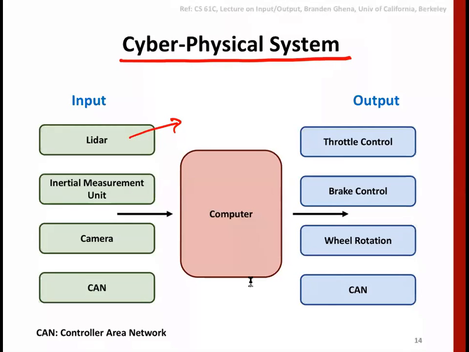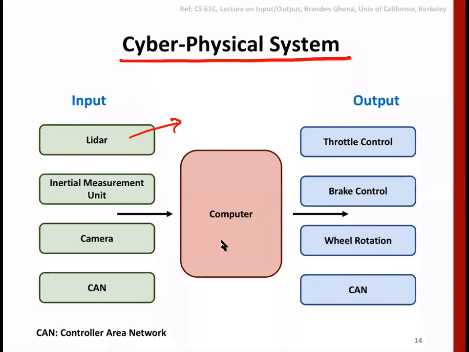Okay, and then we have the inertial measurement unit. What is it? Can you guess what it is? It's basically a device that can tell about the state of an object, for example, what the angular rate is, or what the orientation is, or some specific speed or force.